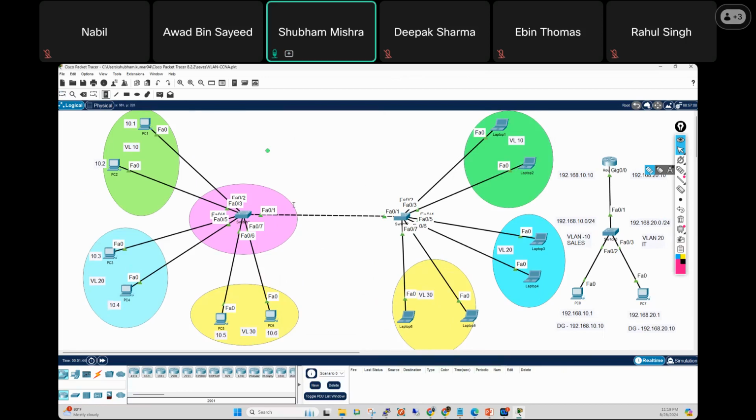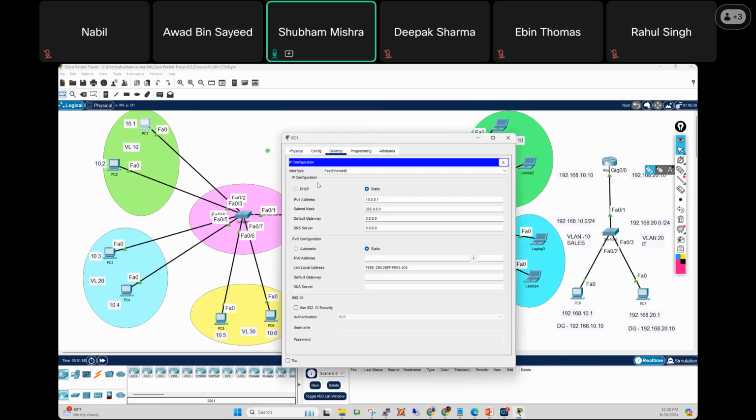And guys, this will be our trunk link, right? You know, everyone? Okay. So first of all, let me check whether the IP addresses are configured or not. Here we configured 10.0.0.1, this is fine.